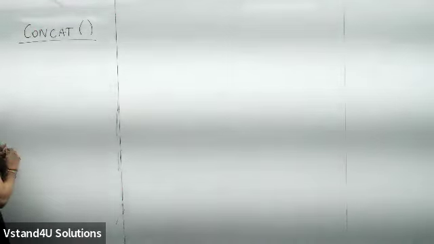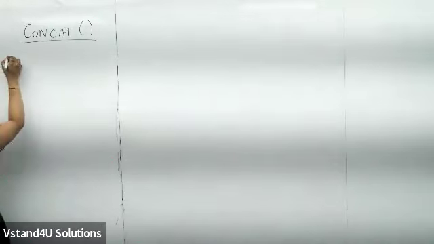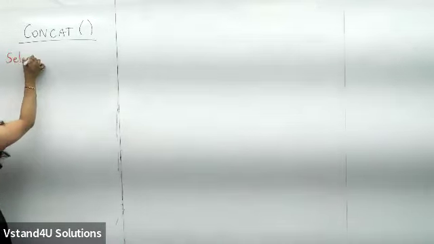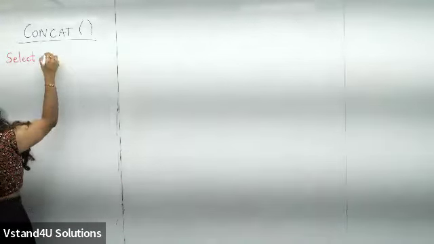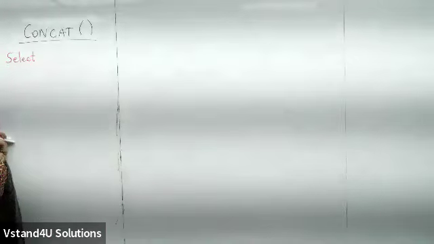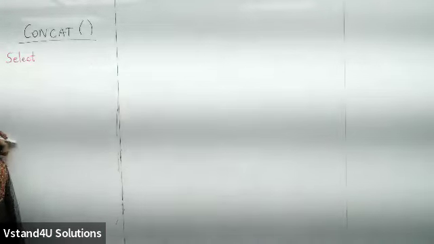Now tell me, how will you write the query? What is the first line they're saying? Create a SQL query to concatenate hospital name and hospital location. So which columns are you supposed to merge here? Hospital name and hospital location. How will you write the query for this? So you will be writing select. Now you are supposed to combine, so for combining you will be using the function called concatenate.